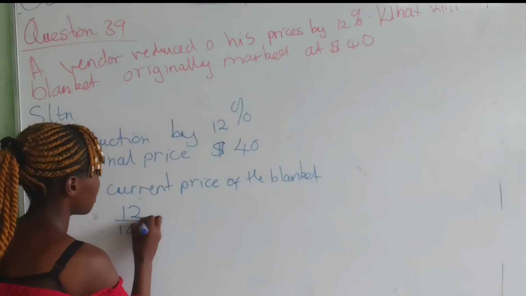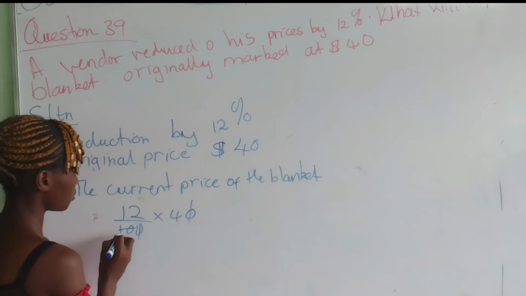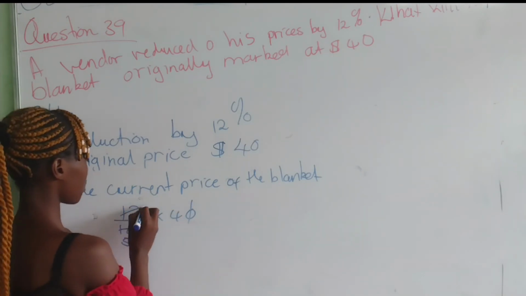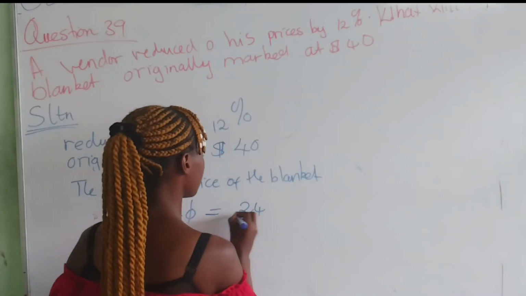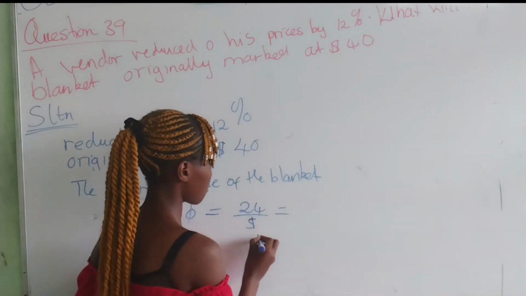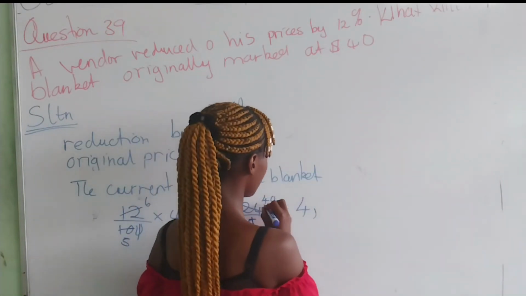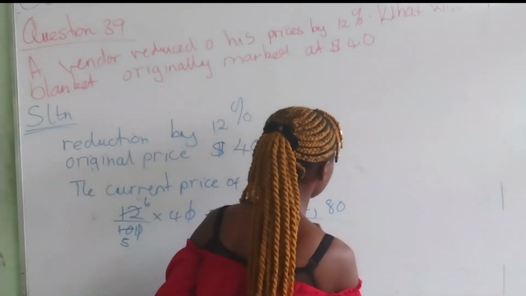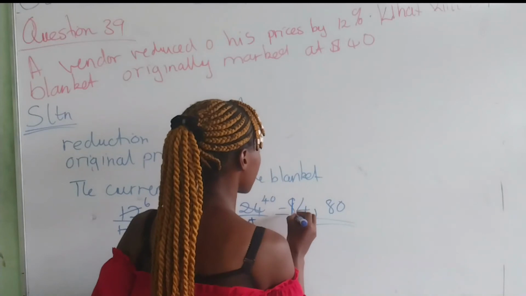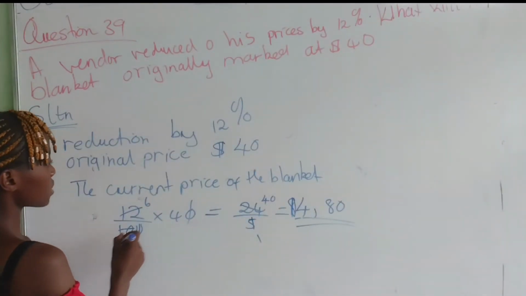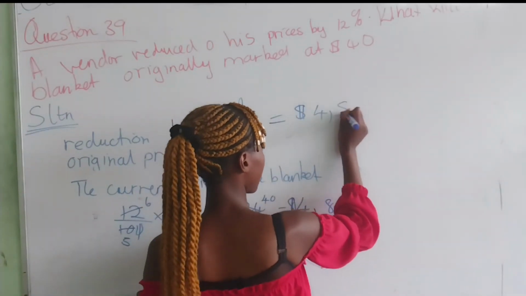12% of 40. Cancel out, 2 into 10 is 5, 2 into 12 is 6. 6 by 4 is 24, divided by 5, 5 into 24 is 4, remainder 4, into 4 is 8. So the price deduction is $4.80, which is equivalent to 12% for the blanket.